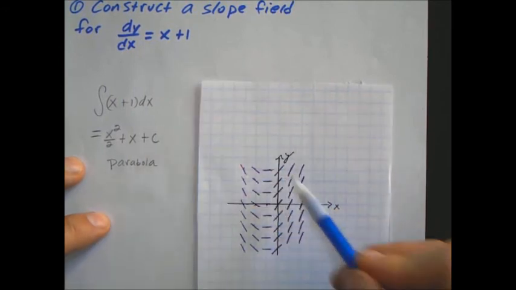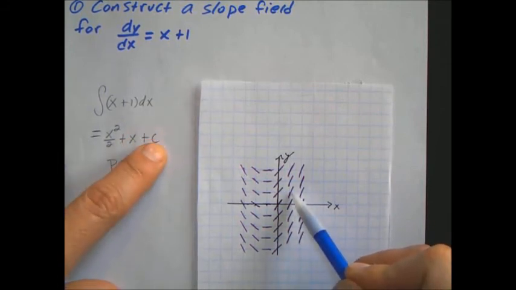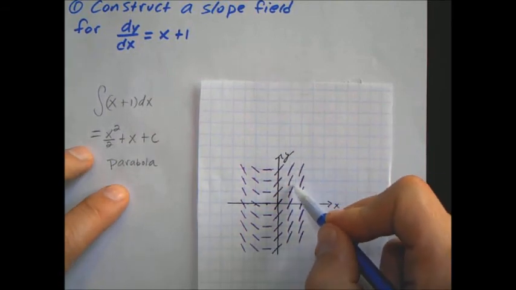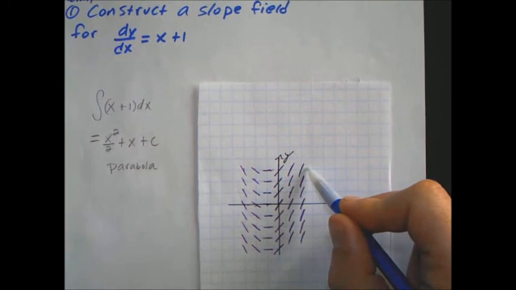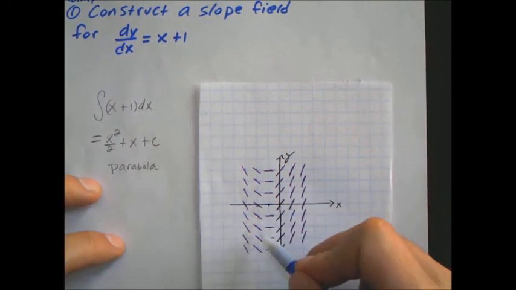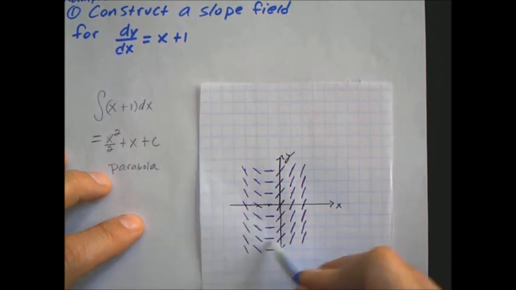If you want it to go through the point (1, 1), you would solve for the particular c-value, and that would ensure that your parabola goes through that point. If you wanted to go through, say, (-2, -3), you would solve for the c-value, and it would go through that point.